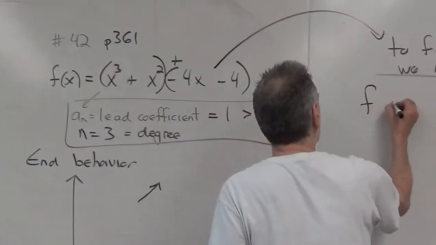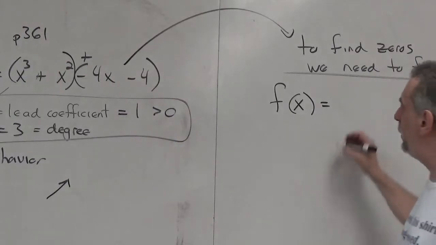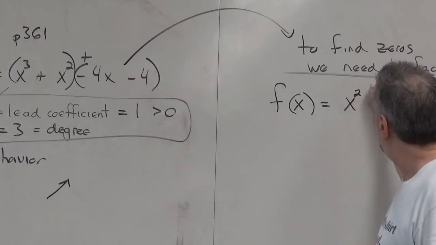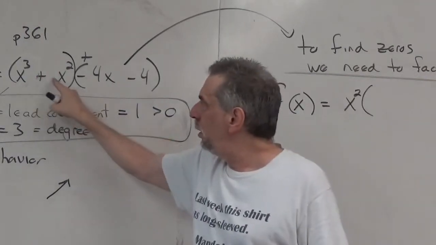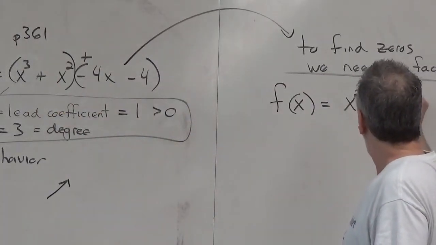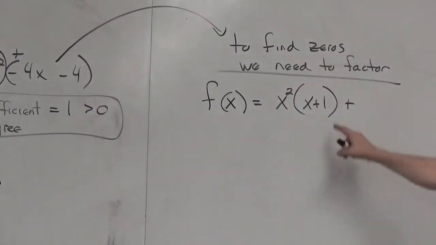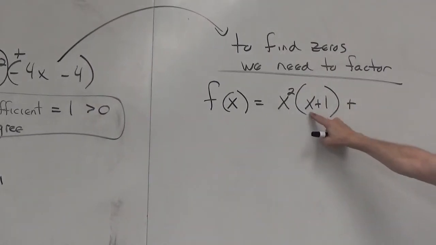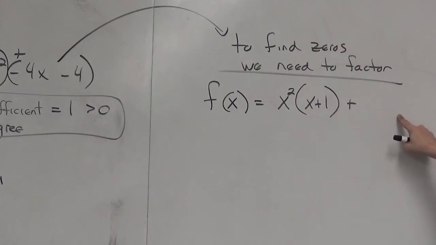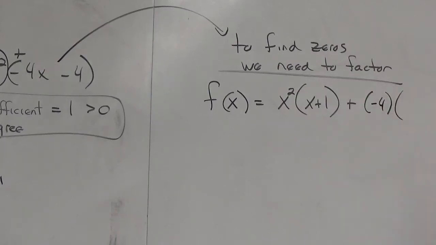So we can say greatest common factor of those first 2 terms is x squared. And we get x plus 1. And then now remember the clue, the goal is to get this same binomial over here. So if we take out a negative 4, that will work best. We'll be left with the x plus 1.